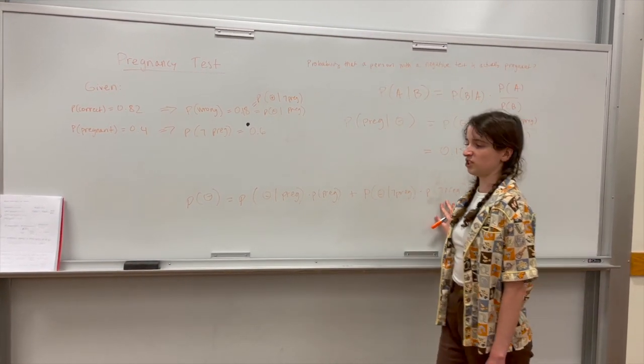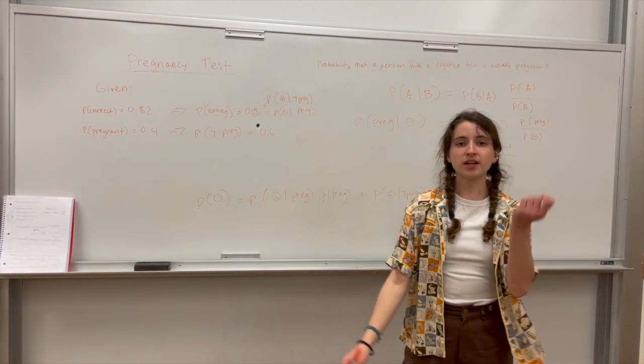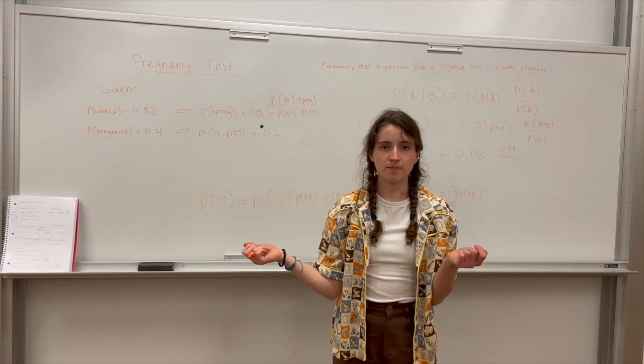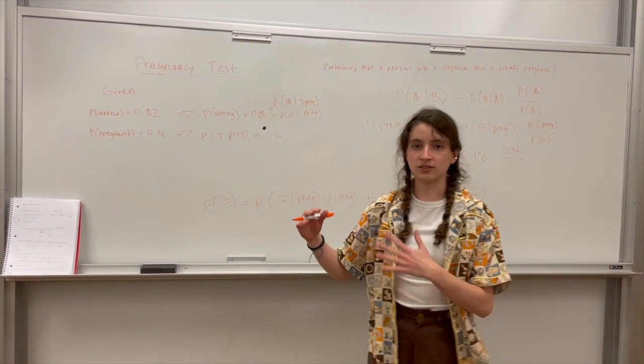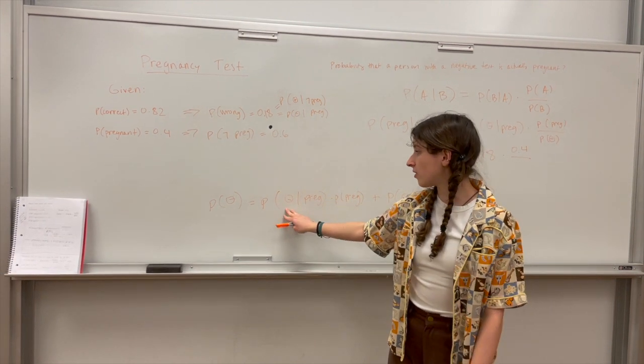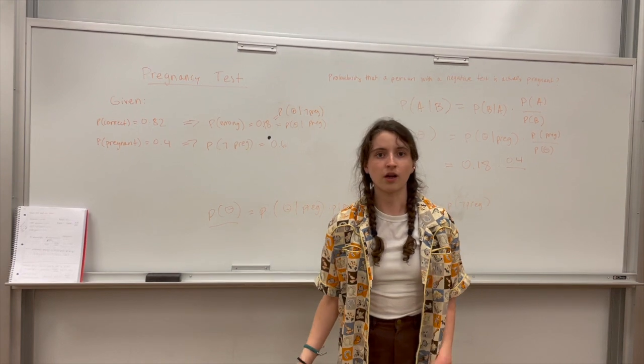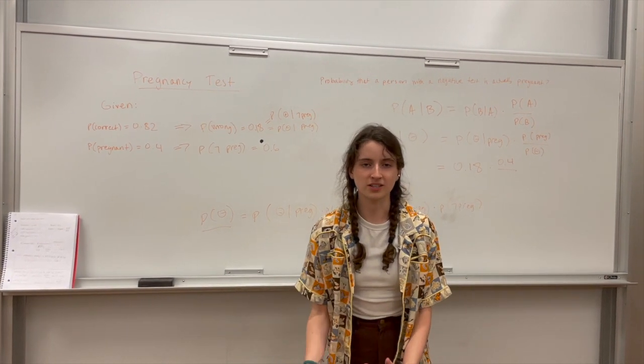And the reason why you do this is because when you take this test, there are two different cases. You're either pregnant or not pregnant, right? And then for each of those cases, the test is either going to be negative or positive. And right now, you want to find the probability of all negative tests regardless of their actual pregnancy status.